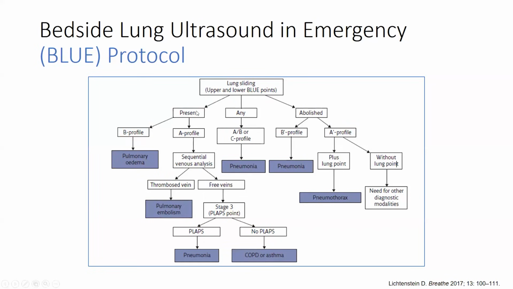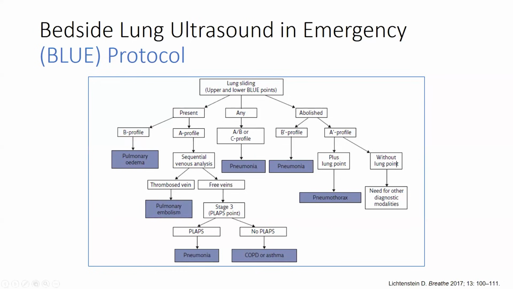Suppose your lung sliding is present and there is an A profile, that means there is no underlying lung issue, then we move to venous analysis. So you will look at your IJV and femoral veins and see if there are thrombosed veins present. If thrombosed veins are present, then this patient may have pulmonary embolism.